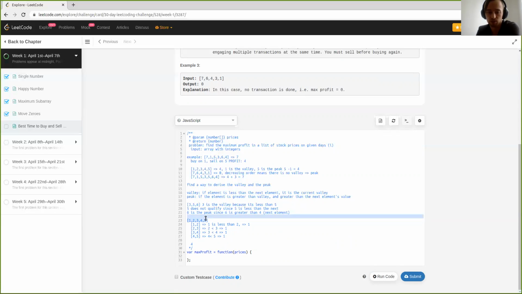So we wait for the highest peak to sell, instead of thinking more like a short-term trader who is buying and selling on a daily basis, trying to turn just incremental profits. And this is where, so long as the next element is greater than the first one, we can subtract the two and add that to the profit.